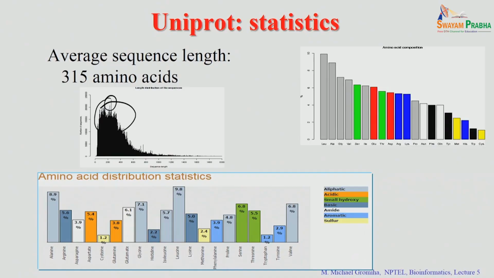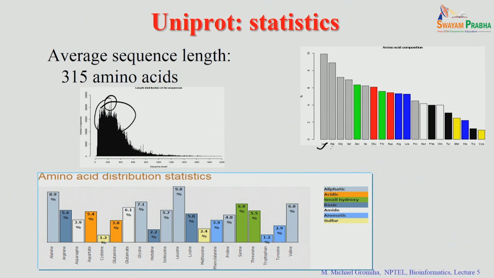This data shows a gradual decrease, and it is classified based on the different groups. If you see, there are some amino acid residues which occur highly in protein sequences. What residues occur dominantly? Leucine, alanine, glycine. These are the residues which occur predominantly in protein sequences.